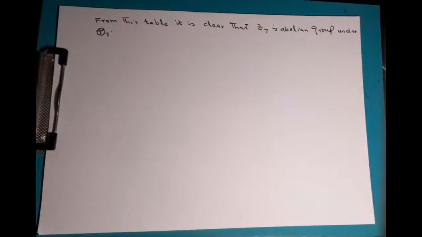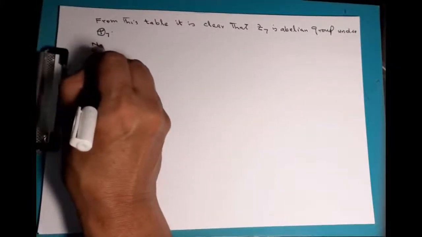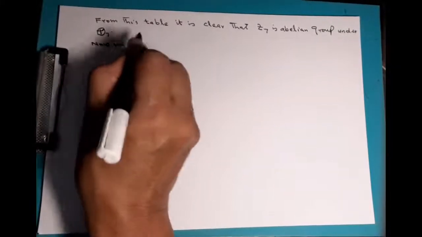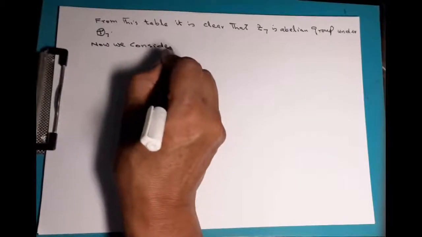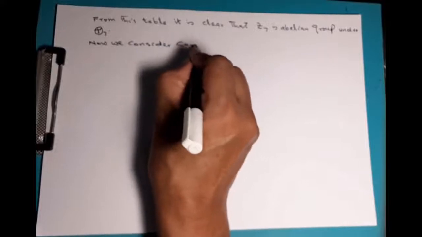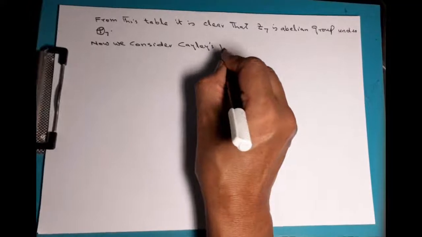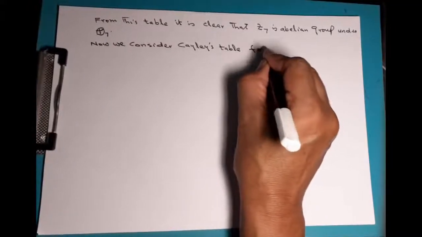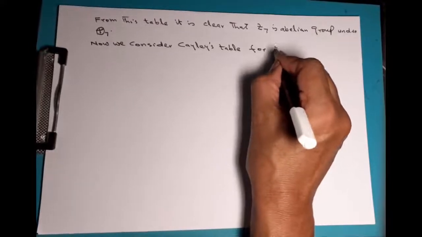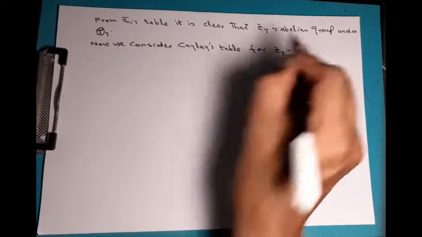Now we draw Cayley's table for Z7 minus 0. So now we consider Cayley's table for this particular set Z7 by removing 0 from it.